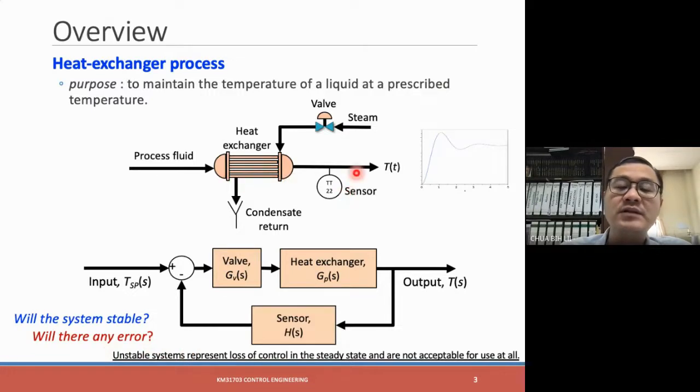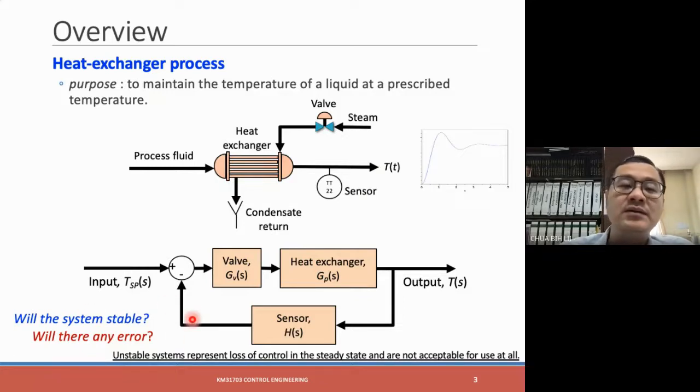What we refer to as the error here is this: originally we have set a temperature, say 80 degrees Celsius. We want the fluid coming out from the heat exchanger to be 80 degrees Celsius. But what actually comes out is probably 85 or 83 or maybe 78 degrees Celsius. So there is a difference between them. There is an error between them, and we call that the error.